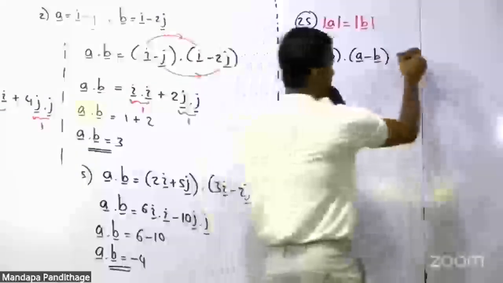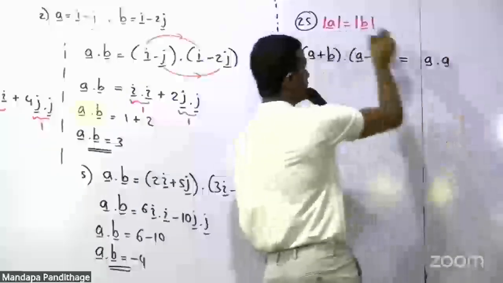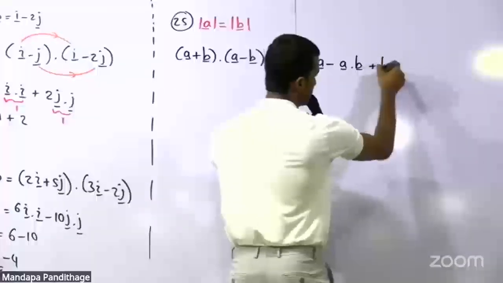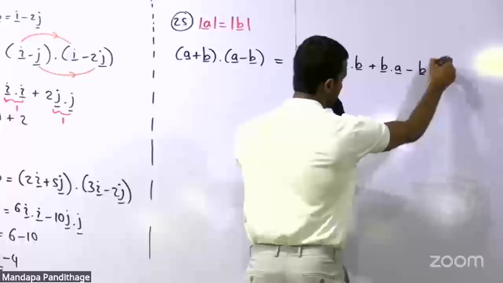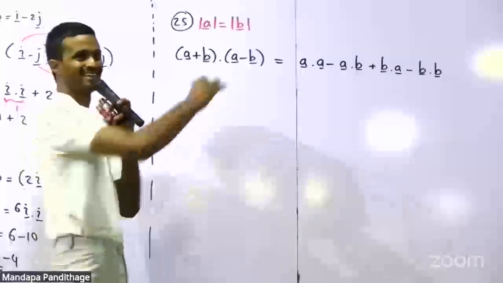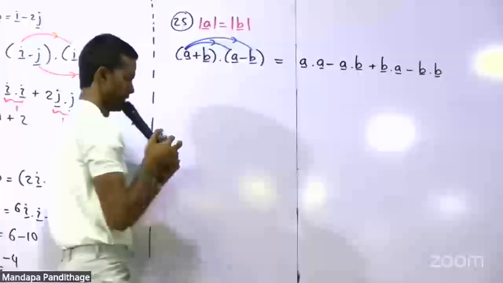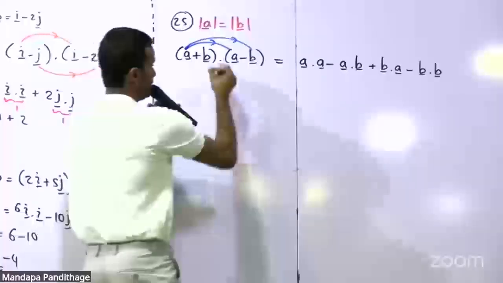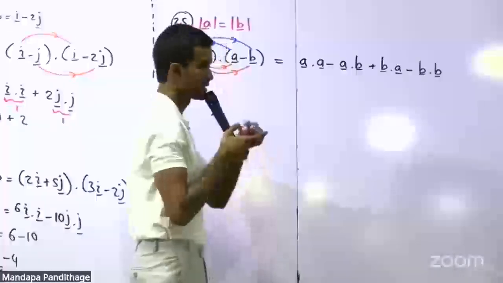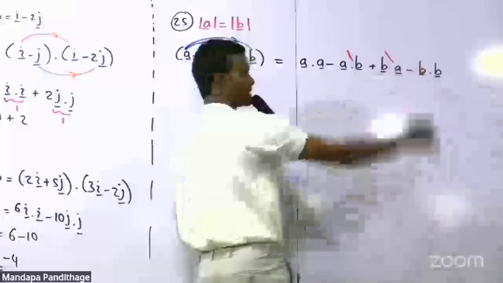And now when you multiply this, it's A dot A minus A dot B plus B dot A and minus B dot B. Okay, then it's clear this A dot B and B dot A, those are commutative, so these two are the same, they cancel off.